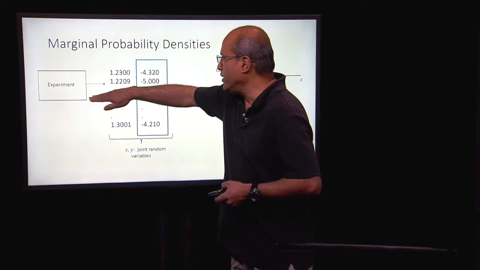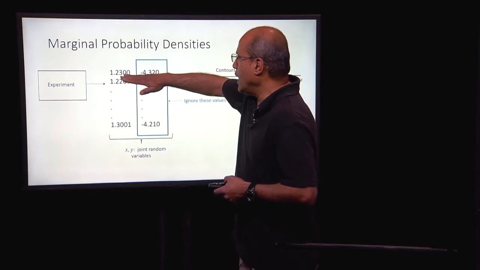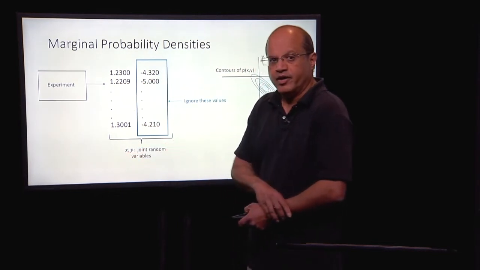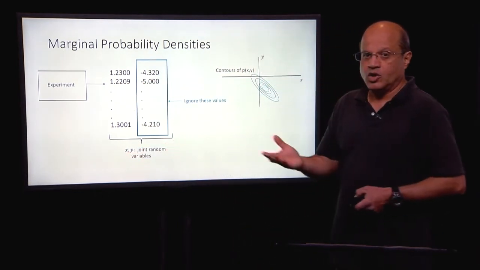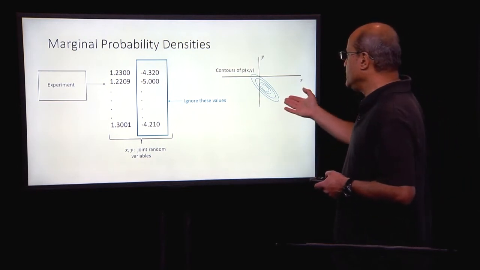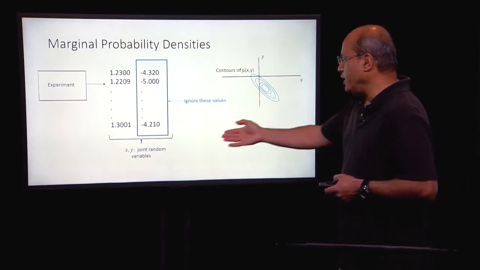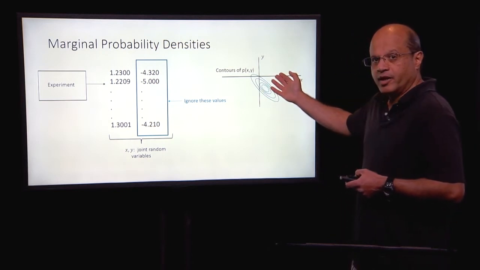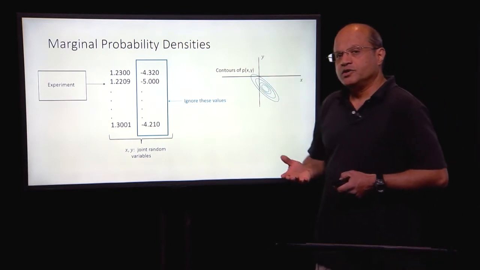Suppose I do an experiment where I am keeping track of two random variables simultaneously. So I have x and y as random variables. And as we saw on the previous two slides, we can write the joint density of x and y as some function in the xy plane.